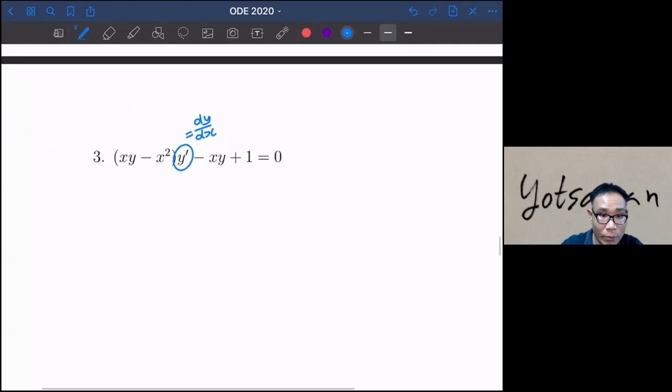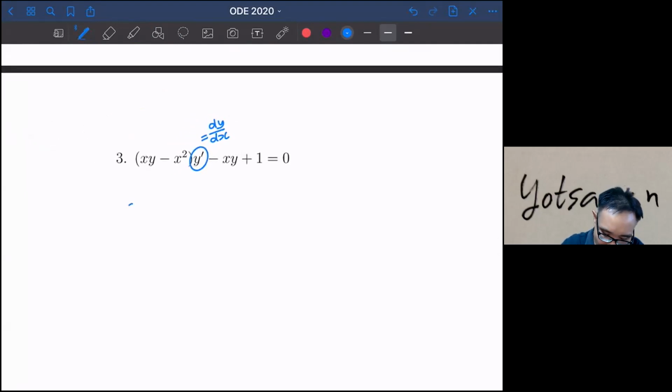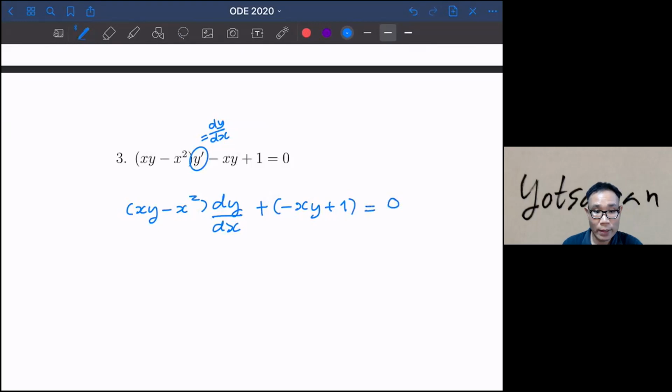So this can be written as x squared dy/dx minus, and you're going to have minus xy plus 1 equal to 0.